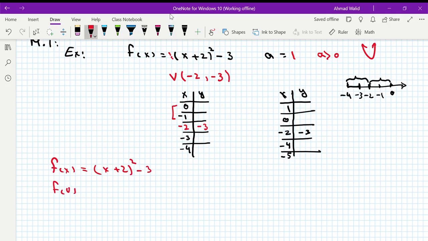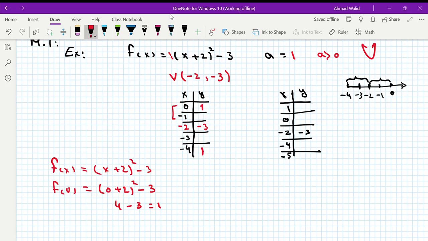If I plug 0, f of 0 equals (0 plus 2) squared minus 3, which gives you 2 squared, 4, minus 3, which gives you 1. Correct? F of 0 becomes 1. Immediately I can tell you, if you plug in -4, -4 also gives you 1. No doubt. If you plug 0, it gives you 1. If you plug -4, it gives you 1 again.